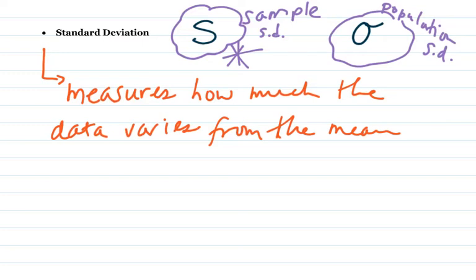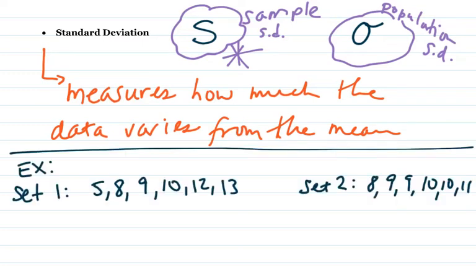If there's a lot of variability of the data around the mean, then we'll have a larger standard deviation. Let's consider the example they presented in the book. We have two sets. The first set contains 5, 8, 9, 10, 12, and 13. The second set contains 8, 9, 9, 10, 10, and 11.